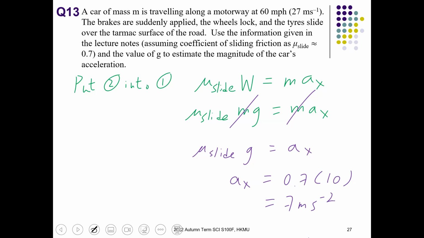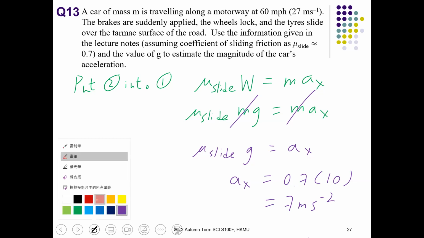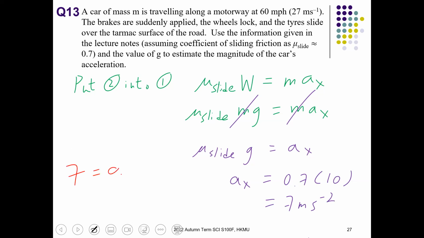Keep in mind that we need to find the acceleration of the car, which has subscript x. Make sure the dependent variable is put on the left-hand side of the equation, so we move a from right to left.